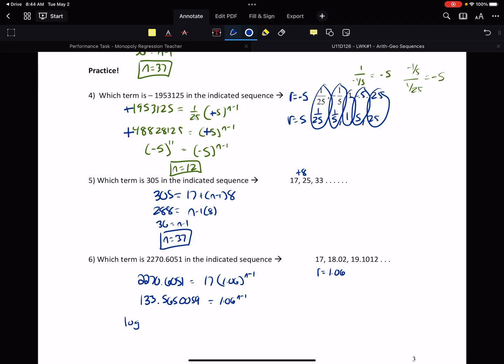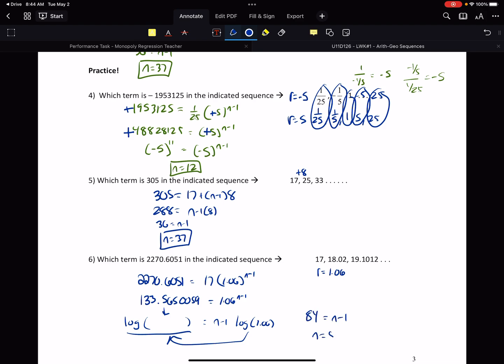Log of this, n minus 1, log 1.06. Divide that over. And the great thing about this, even with these gross numbers, in the end, when we use our calculator, we get 84.